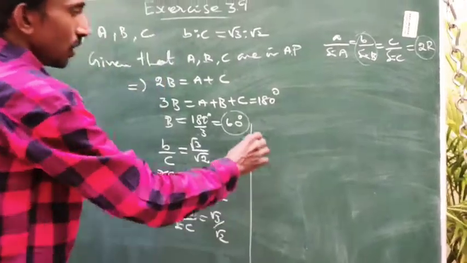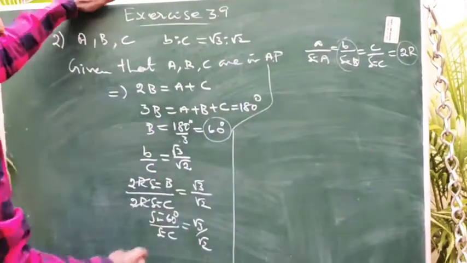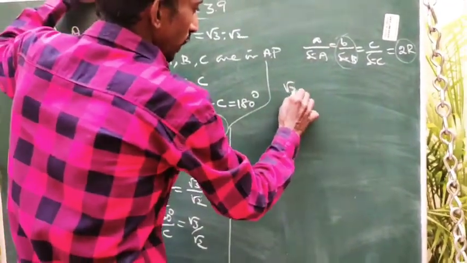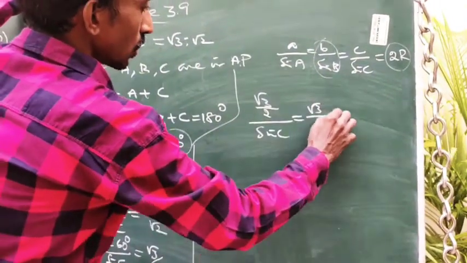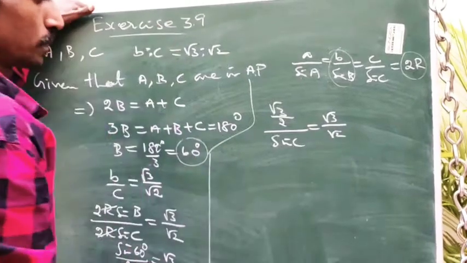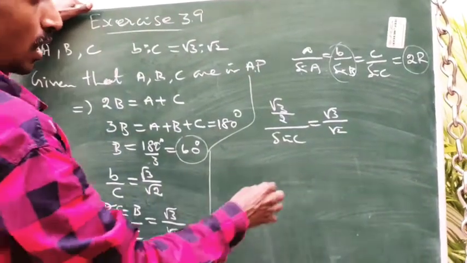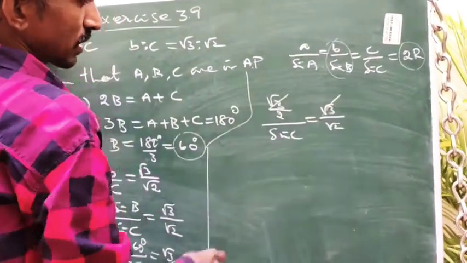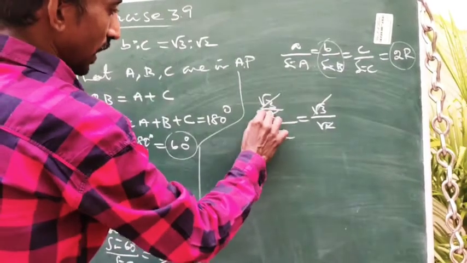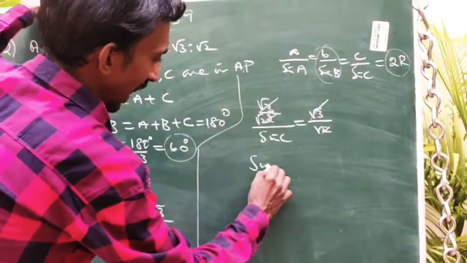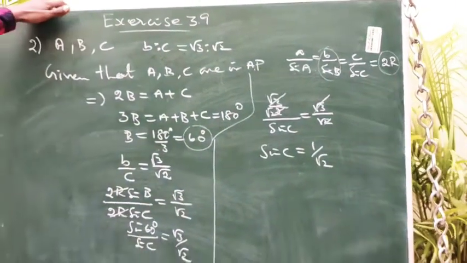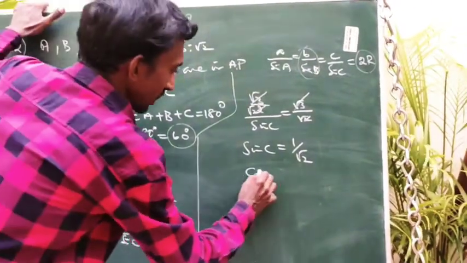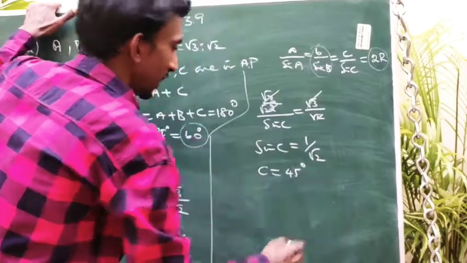So what is sin 60? Root 3 by 2, by sin C equal to root 3 by root 2. Root 3 cancel, so we are getting sin C equal to 1 by root 2, which implies C equal to 45 degree.